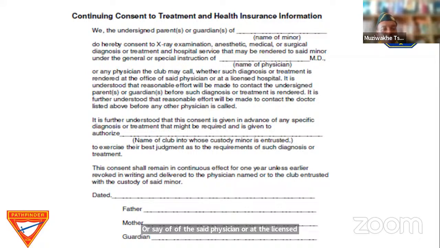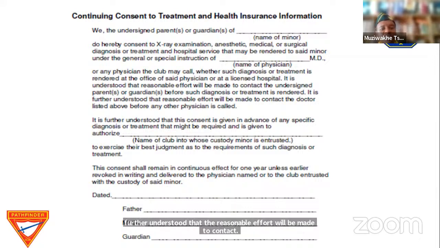It is understood that reasonable effort will be made to contact the undersigned parent or guardians before such diagnosis or treatment is rendered. It is further understood that the reasonable effort will be made to contact the doctor listed above before any other physician is called.